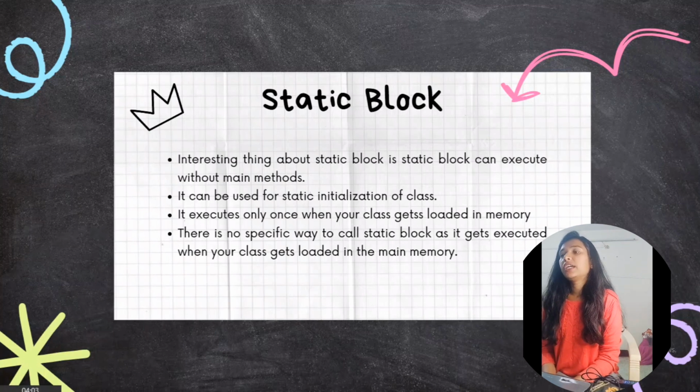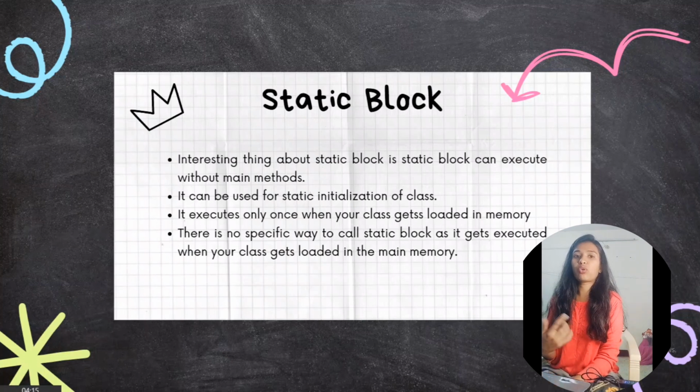It executes only once, when your class gets loaded into memory, and there is no specific way to call a static block as it gets executed when your class gets loaded into memory. You cannot call the static block. It just gets executed by the JVM.